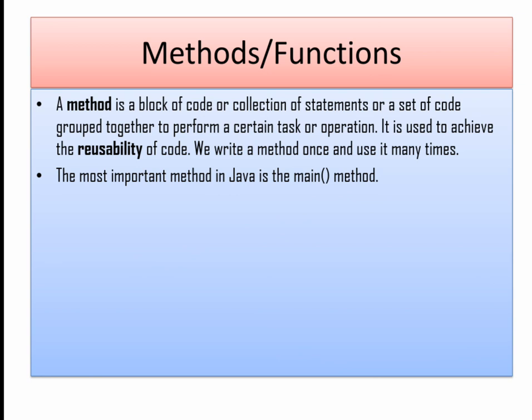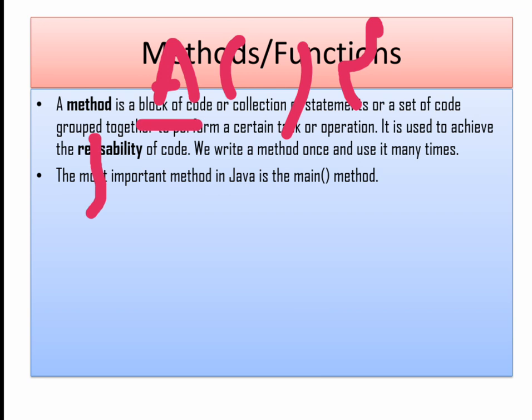What do these four lines mean? Suppose there is a method named A. Method means function. This method must have a group of statements, meaning lines of code.